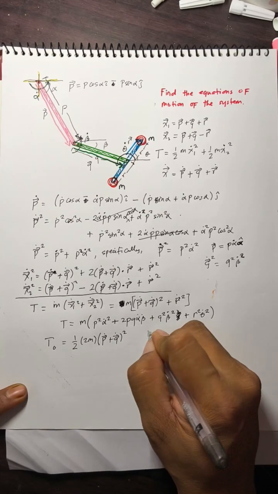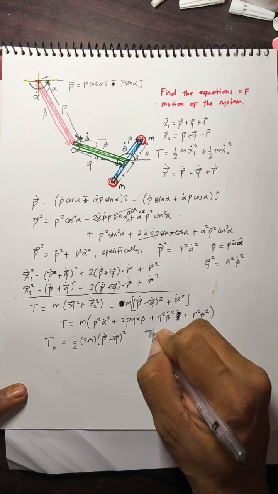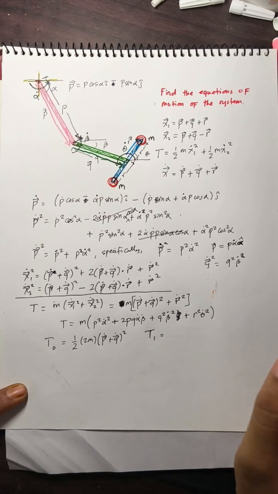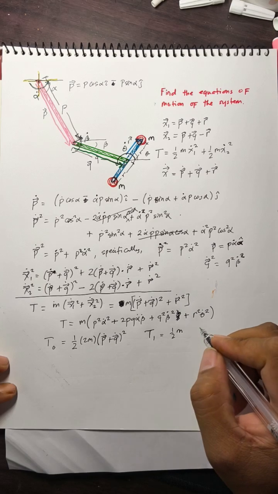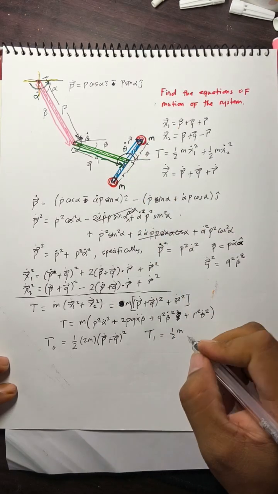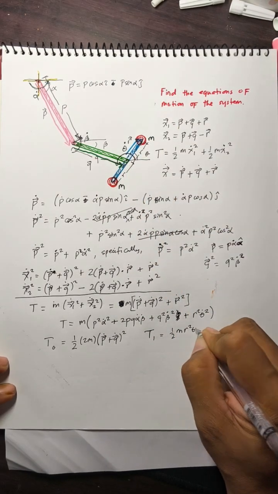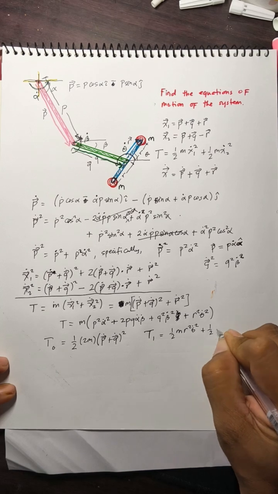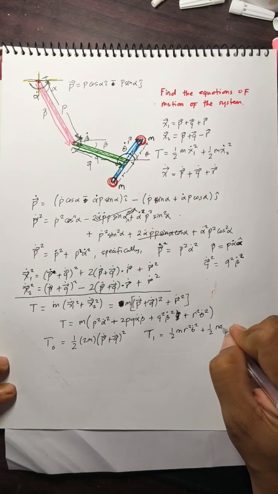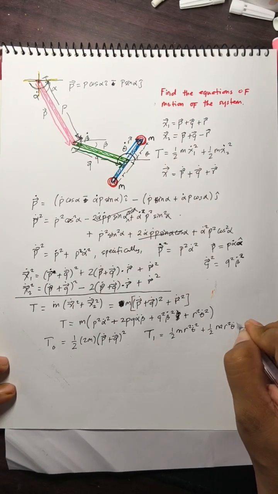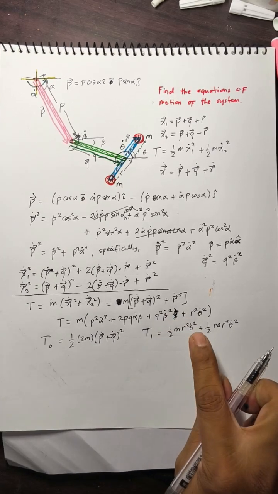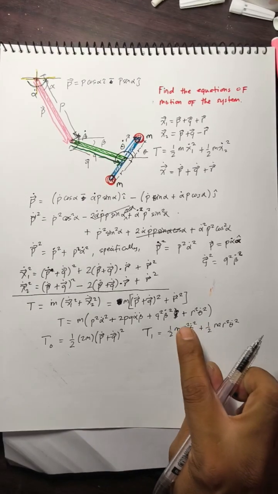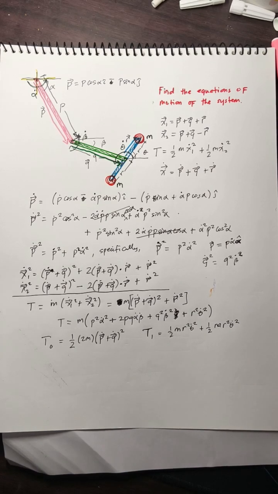That's T naught. And the kinetic energy relative to the center of mass is just equal to the kinetic energy of these two. So that would be 1/2 m r squared theta dot squared plus 1/2 m, this one here, r squared theta dot squared. And as you can see, this equation is exactly the same.